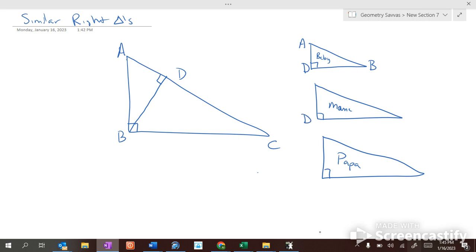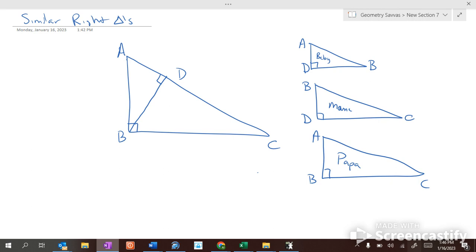D. The short side? B. Now notice, the medium side of baby is always going to be the short side of mama. Always, always, always. And then what's the other letter for mama? C. And papa is A, B, C in this orientation.